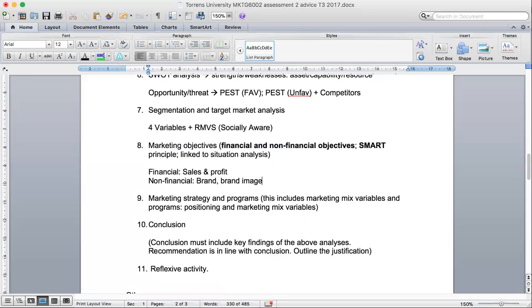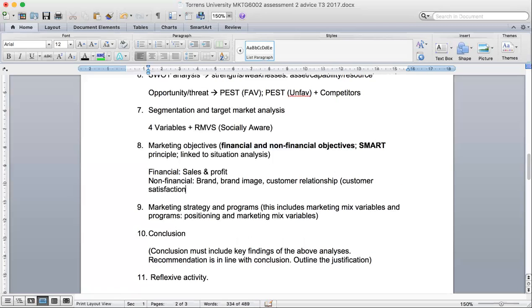So they have that tendency. And you can also look at customer relationships, such as building customer satisfaction, for instance. Or from a non-financial perspective, social impacts, or performance from a social perspective.